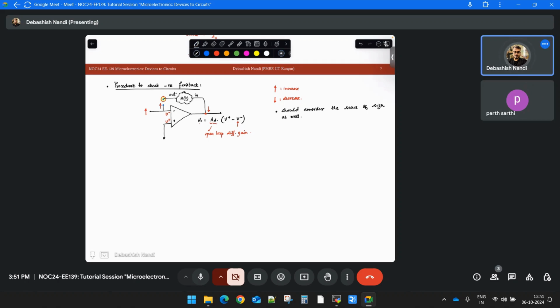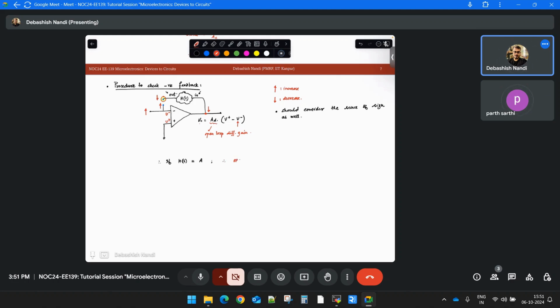So let's say if h of s is A, this is the input side, this is the output side, then this will decrease.